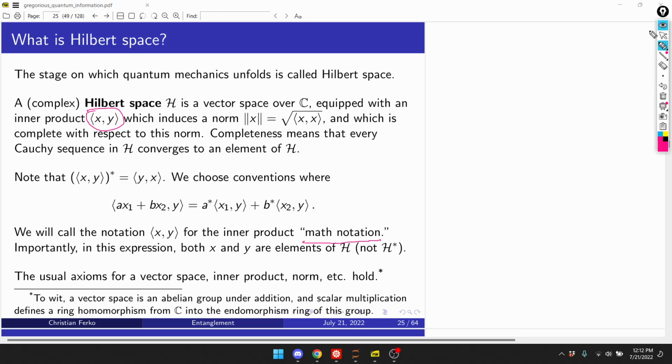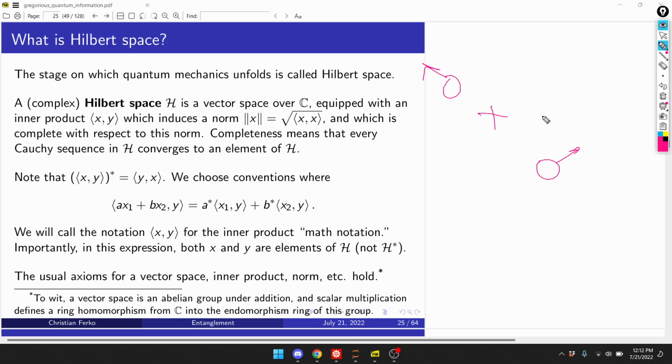Okay. Hold on. You're probably going to talk about this at some point, but why is this a good stage on which to do quantum mechanics? Yes, I will absolutely talk about that because this should seem extremely confusing at the moment. I mean, why is it that a state of a physical system is a vector? That's weird, right? We normally don't think of, if I have a physical state of a ball in California and another ball over at Greg's house, maybe they're balls that are moving in two different directions or something, I never think of saying, oh, I can take those two balls and add them, right?